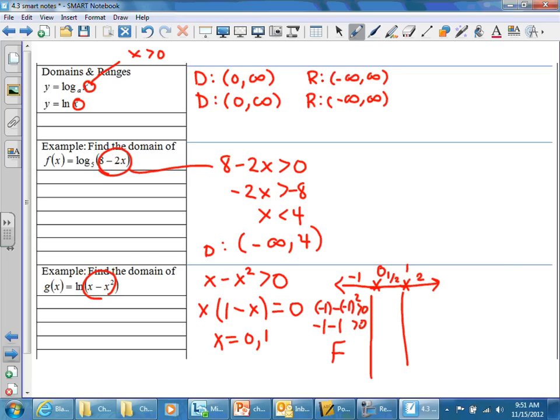Try a half. So this would be a half minus a 4, and that is true. And what about 2? That would end up giving you 2 minus 4, and that is false. That is not greater than 0. So I can see now that this is where it was true from 0 to 1.